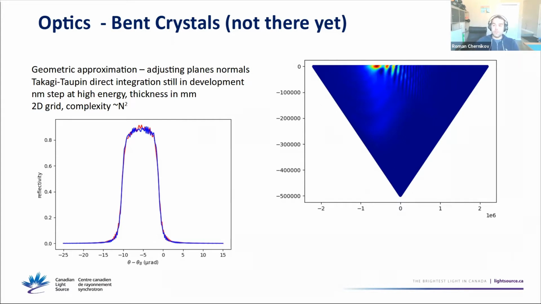So this picture on the left is the reflectivity curve in Laue case. I believe it's 1 meter bending and 30 kV. I don't remember what the thickness was, but anyway, we can do this. But at the moment, it's really slow because you have to define a really precise integration grid.